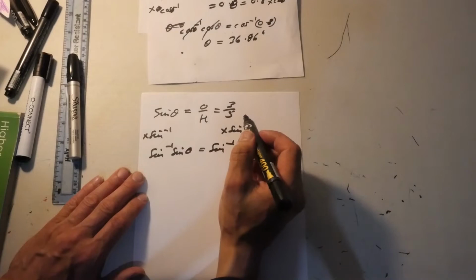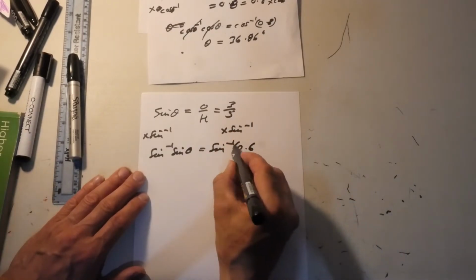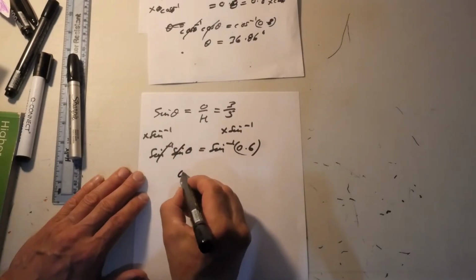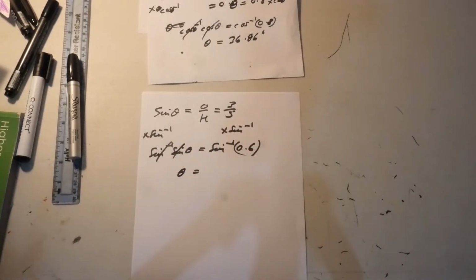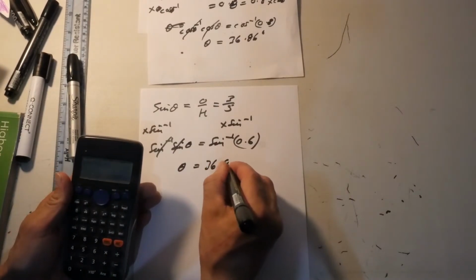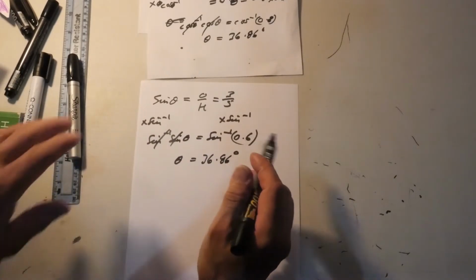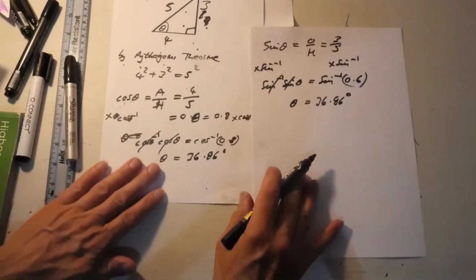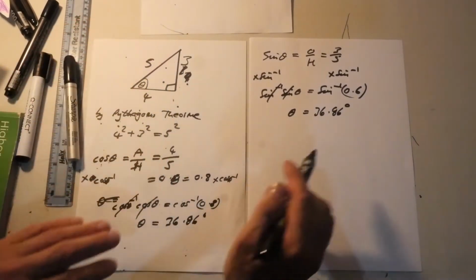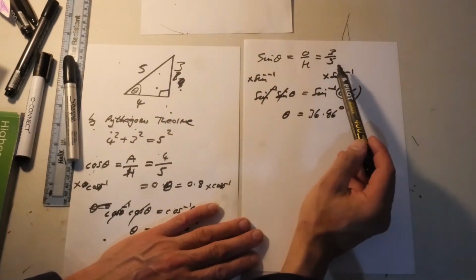Those cancel, leaving theta equals inverse sine of 0.6, which equals 36 degrees, okay? So when I punch these through, 3/5 is 0.6, since 1/5 is 0.2.